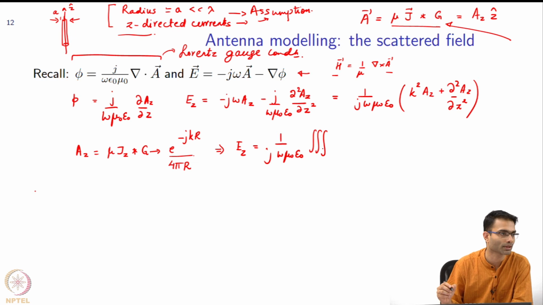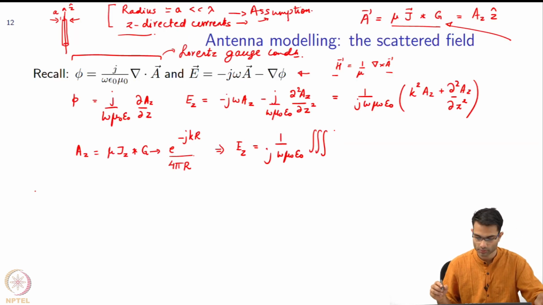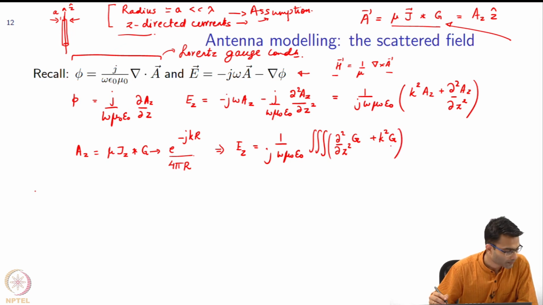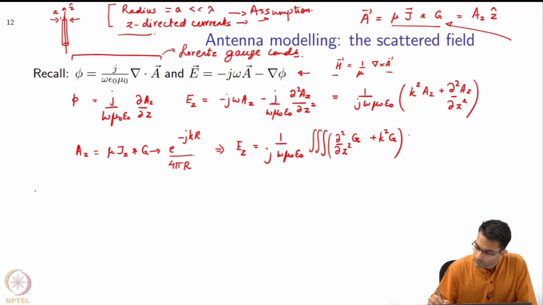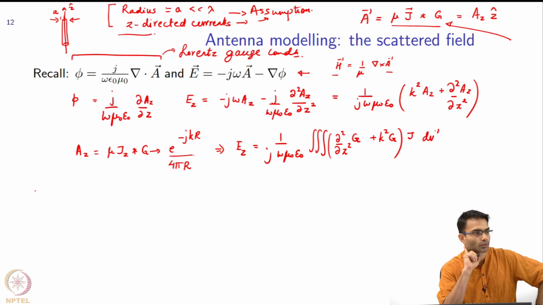So in general, a 3D convolution, right, this is the most general expression: G convolved with J. Okay.